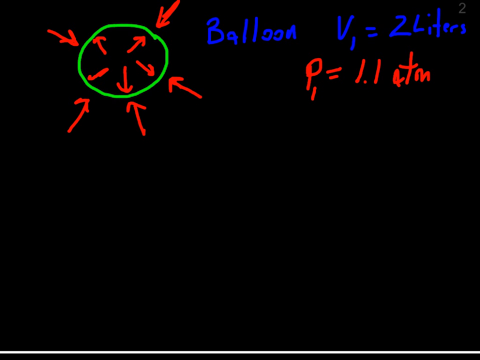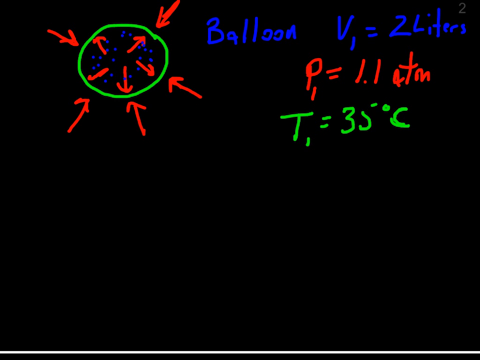I've got all these gas particles in there, and let's say it's a hot day in Death Valley. So T is going to be, what would be hot in Celsius? I don't know, 35 degrees Celsius. That might be really hot, but we'll find out.